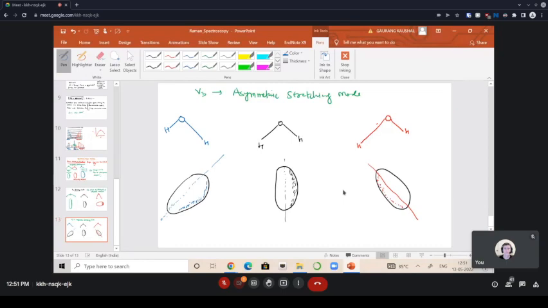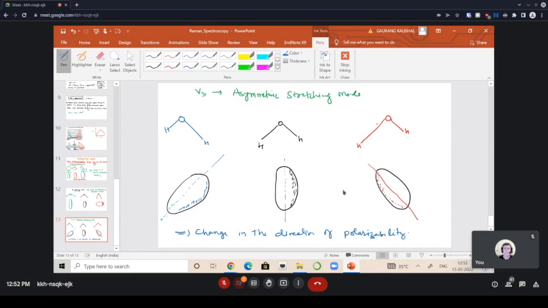So what is happening? There is a change in the direction. Here in this stretching mode there will be a change in the direction of polarizability.